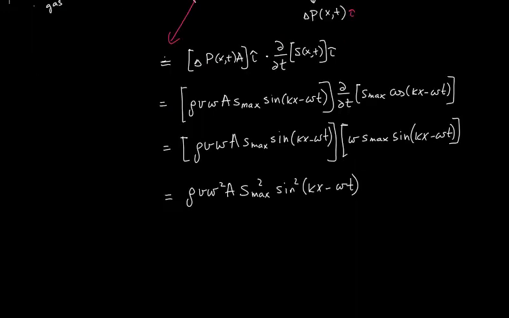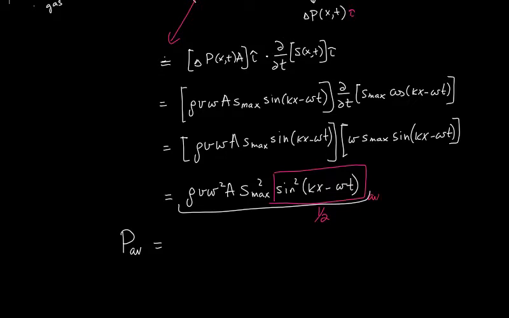Now, the average rate at which the energy is transported can be written as P average, and we will take the average of this expression here. So we can note that the average of this term, sine squared(kx minus omega t), is actually 1/2.